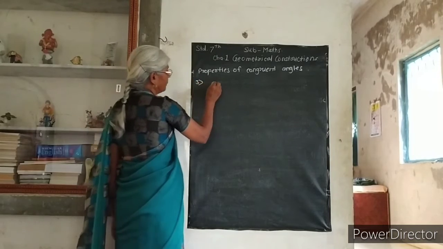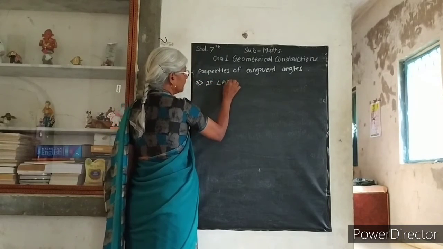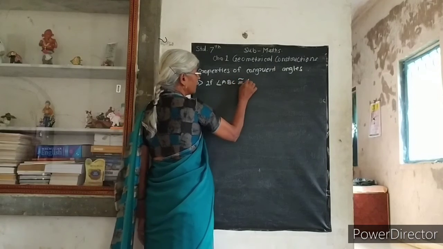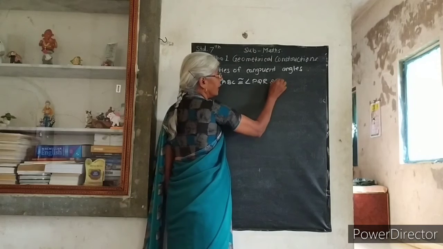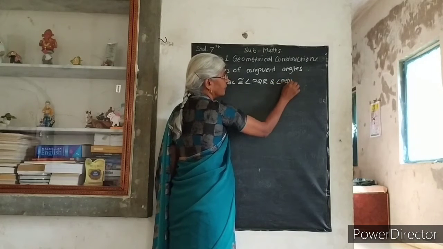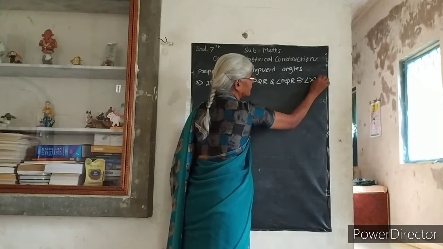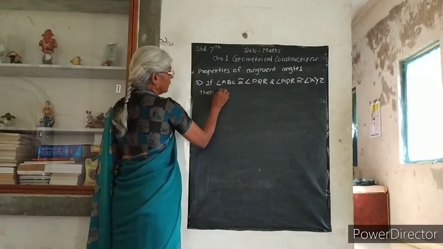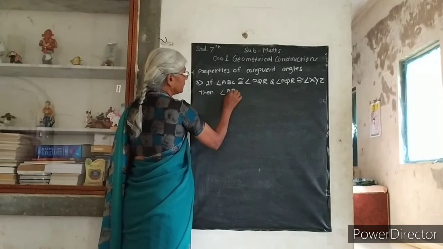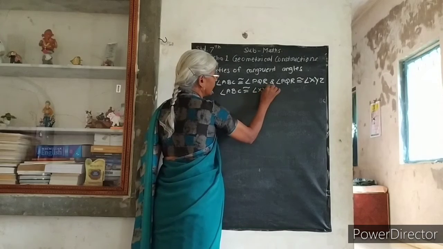Third property: if angle ABC is congruent with angle PQR and angle PQR is congruent with angle XYZ, then angle ABC is congruent with angle XYZ.